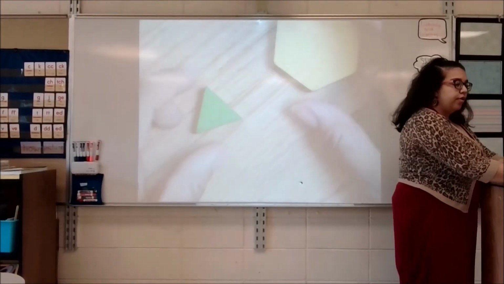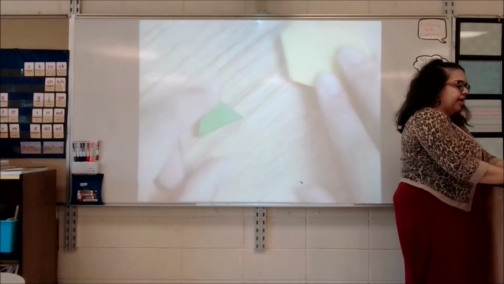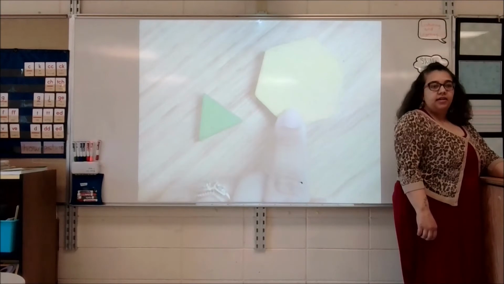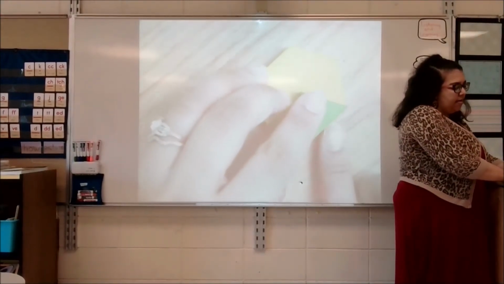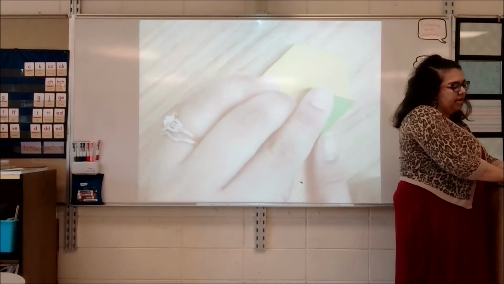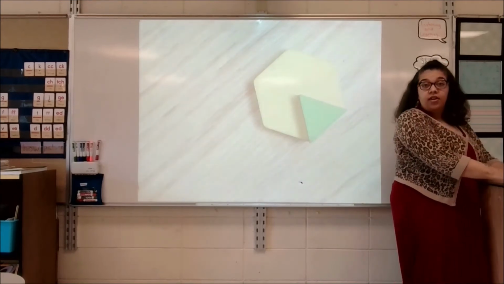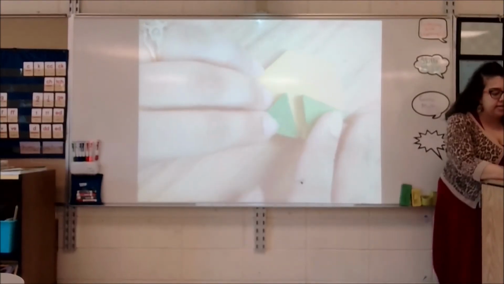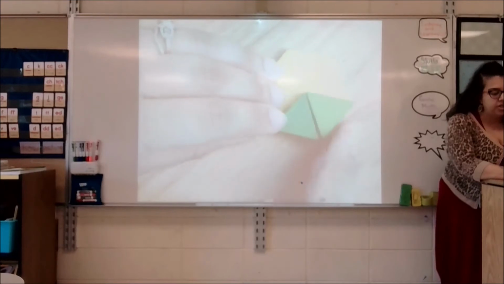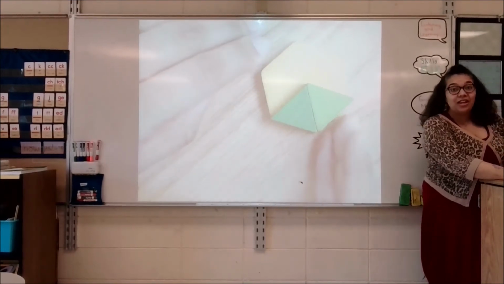Now, what we're going to do is we're going to use triangles to build a hexagon. Look at my hexagon, okay? I'm going to cover with a triangle. I'm going to match my sides up, and I'm going to keep covering my hexagon with triangles. Go ahead and cover your hexagon with triangles with me. Now, what we want to do is we want to make the sides touch, because when you're building composite shapes, just like in the pictures, these sides are touching, they are connected.